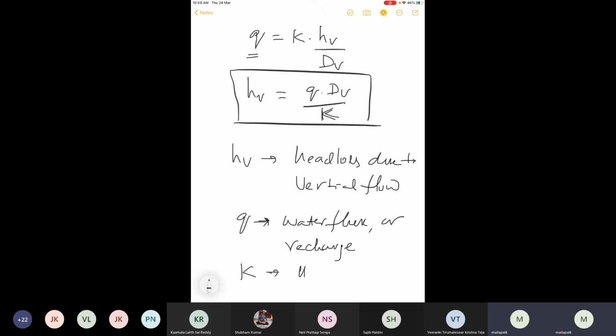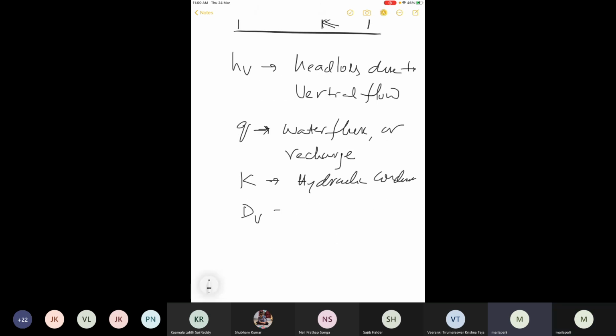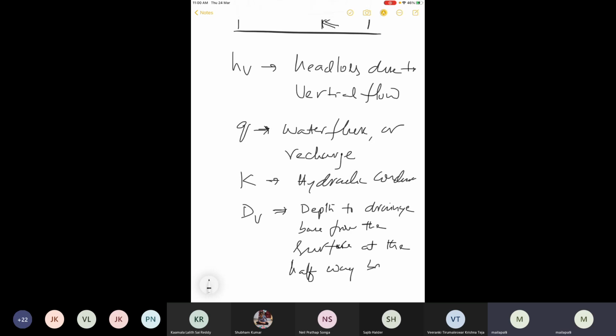K is the hydraulic conductivity, and dV is the depth to the drainage base from the surface at the halfway point between the drains.